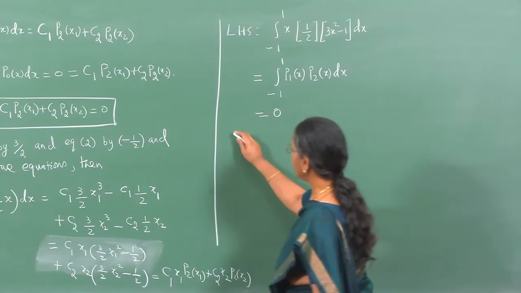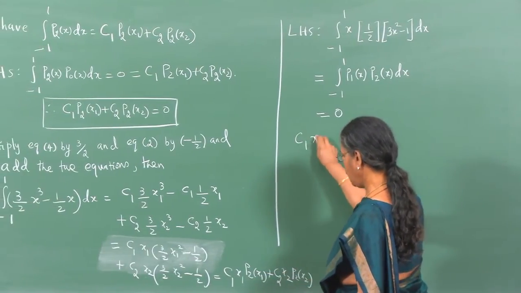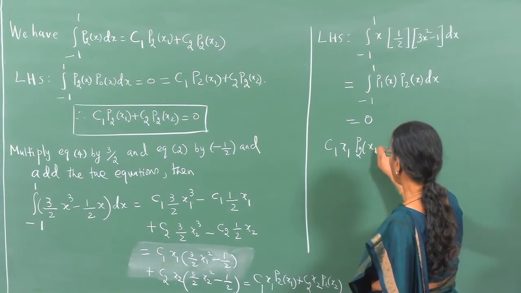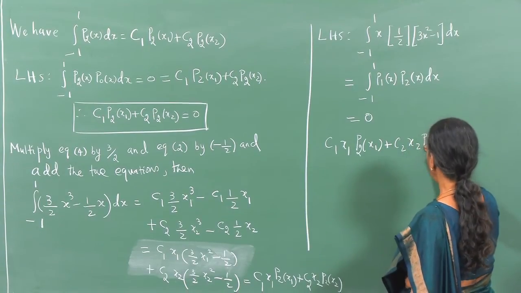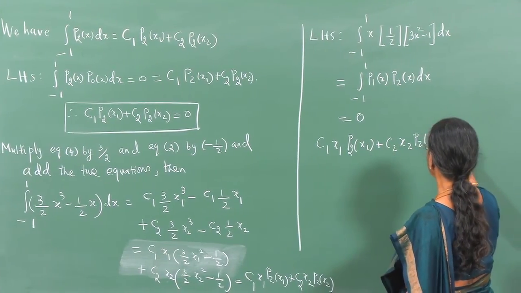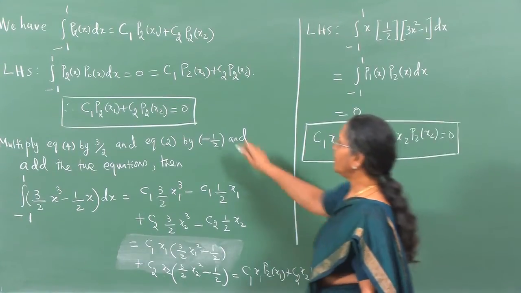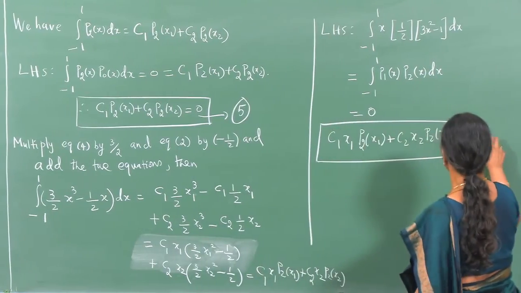Thus, we have the second equation to be given by C1 into x1 into P2 of x1 plus C2 into x2 into P2 of x2 is 0. So, let us call these equations 5 and 6.